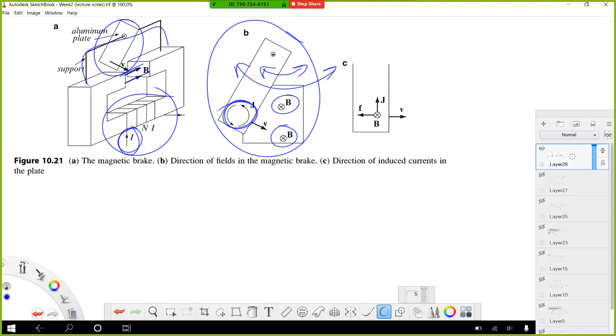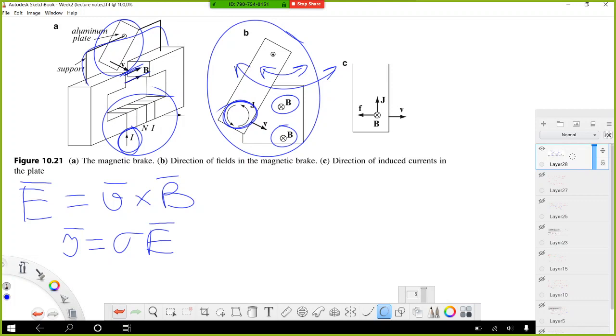The electric field intensity due to the induced current is given as V cross B, and for J, which was sigma multiplied by the electric field, we get sigma V cross B. Okay, J is in amperes per meter squared.